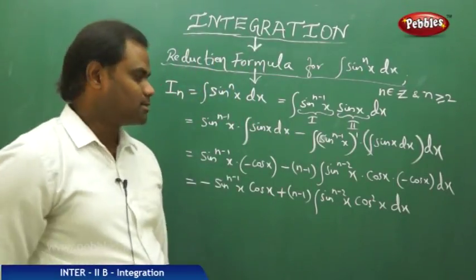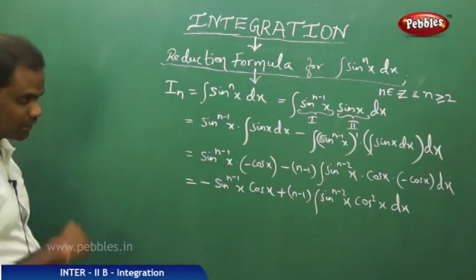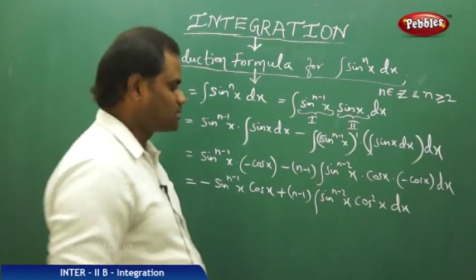Now we know that sine square x plus cos square x is 1, and therefore cos square can be written as 1 minus sine square.